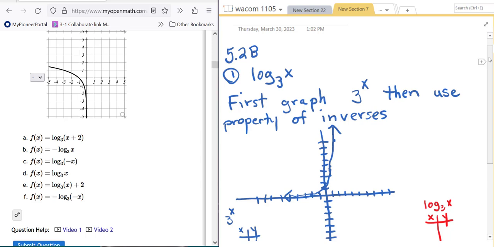So, a log with a base other than 10 or e, and most of the graphing calculators, you can't put that in. You actually can put it if you have the TI-84, some version of that. I don't have one of those to be able to demo for you. So I'm going to show you how I do it without that.